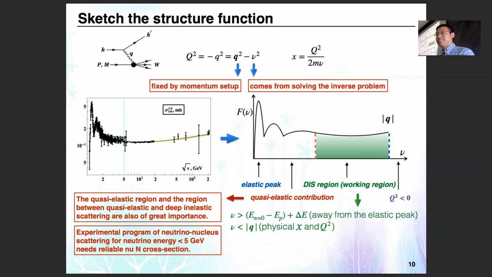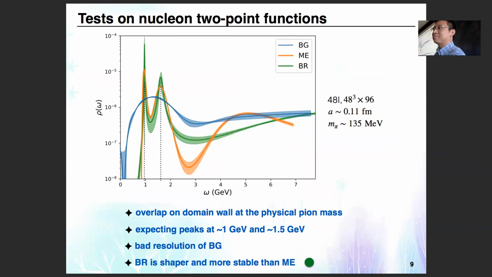Can I ask a different question? You showed us these pictures of the elastic peak, the nucleon peak, and then the Roper peak. Is there any physical information in the width of that peak? No, I don't think so, because on the lattice the width of the peak just means the resolution of your method.